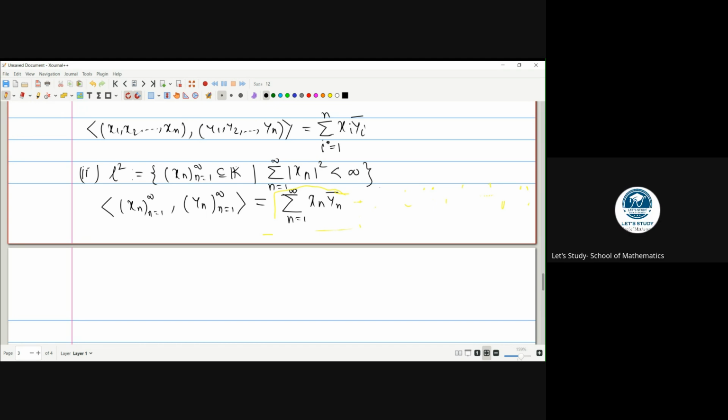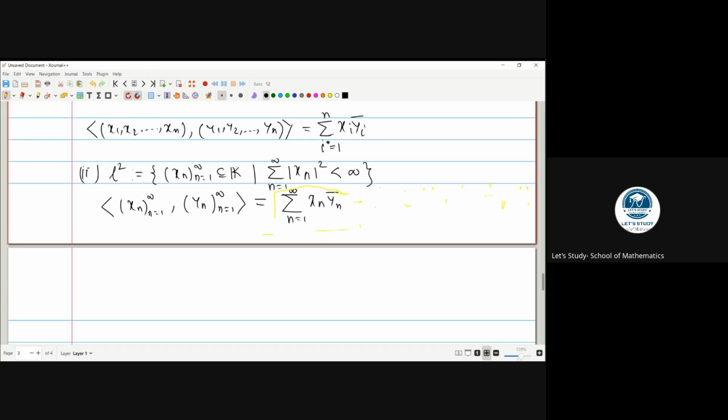Since the summation of mod xn square is convergent, the limit of mod xn square is 0 as n tends to infinity. This implies the limit of xn is 0.